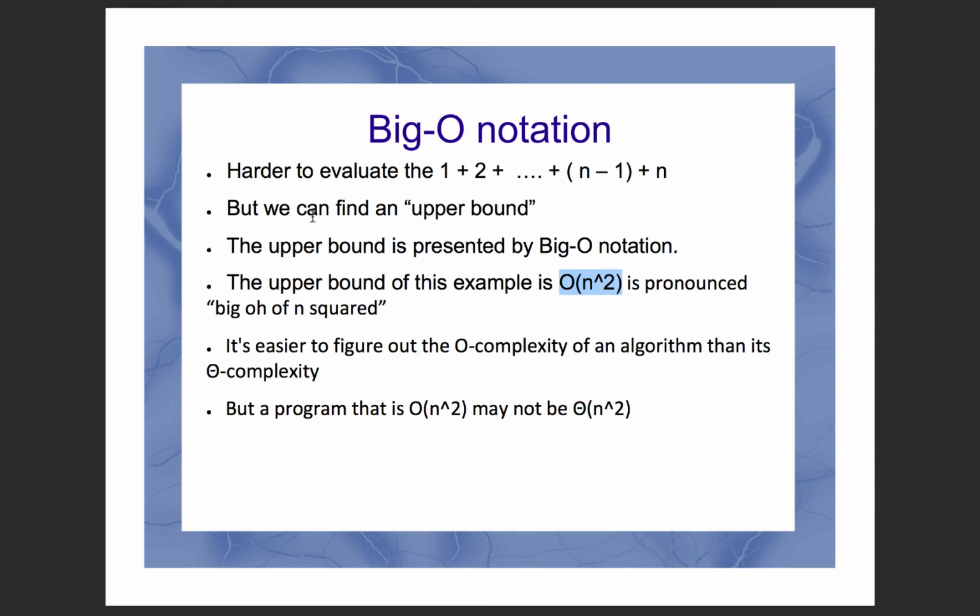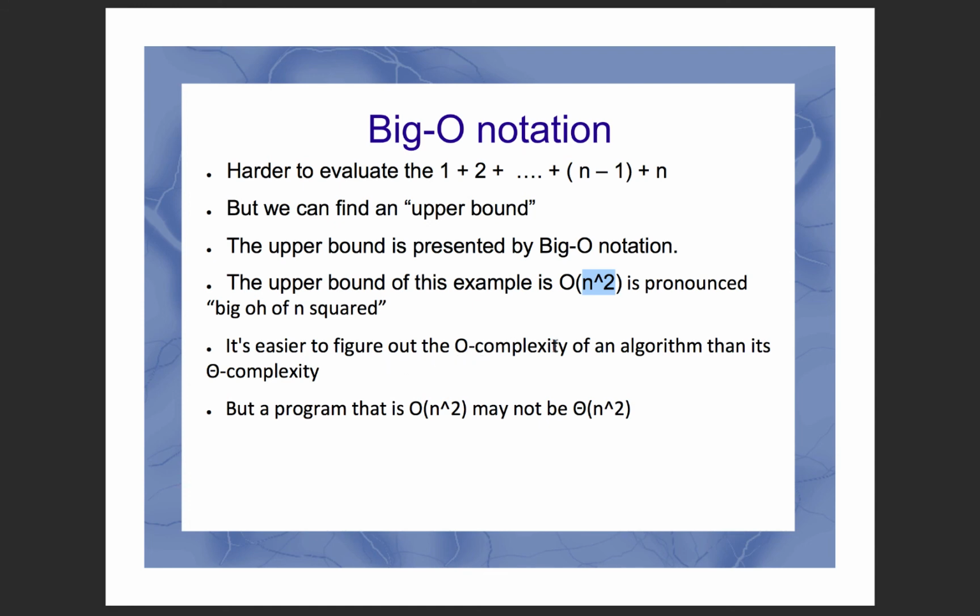We basically say we find some upper bound, our program will never exceed this time, this is the upper bound, and this upper bound is represented by big O notation. So the upper bound of this example is big O n square. So n square is our complexity, and the big O notation says that this is not an exact solution, but our program will never exceed n square time.